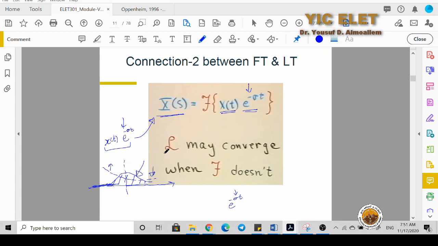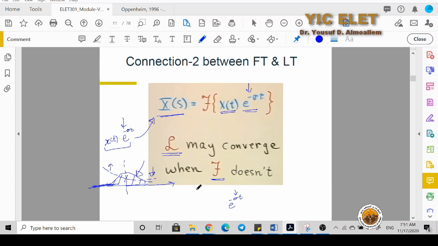So the Laplace transform may converge when Fourier transform does not converge. So this might help you also. There are some functions which do not exist in Fourier transform. You cannot find out the Fourier transform for it because it does not converge.